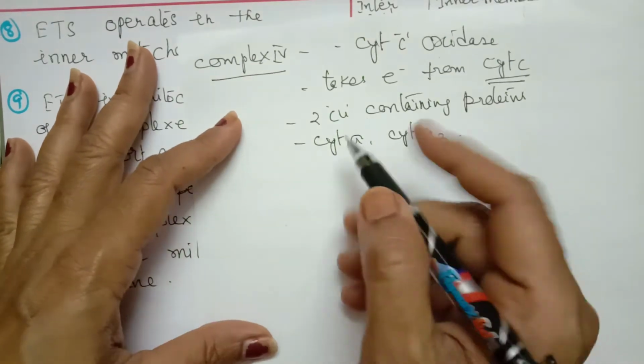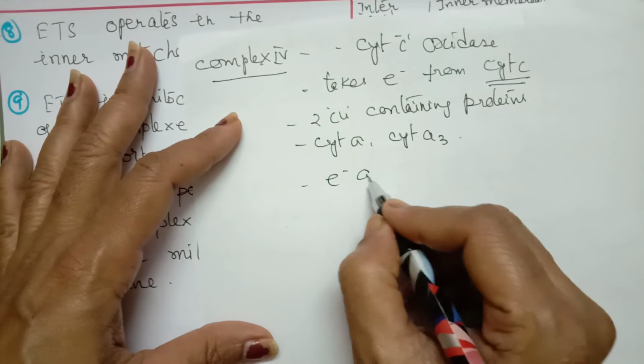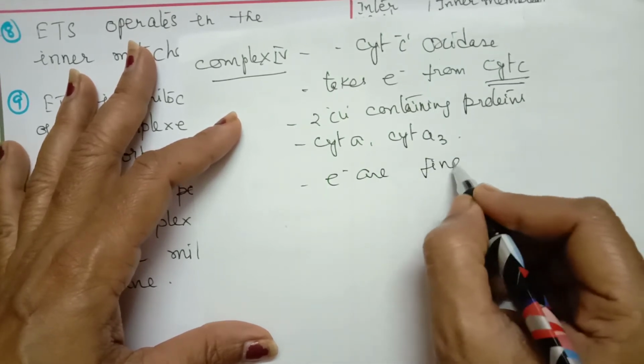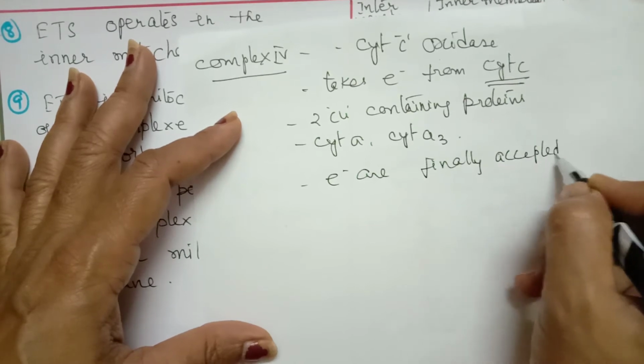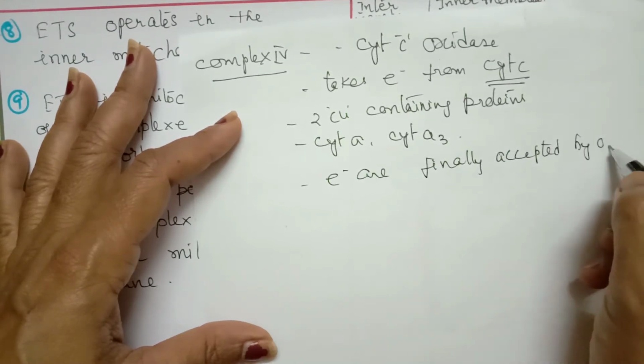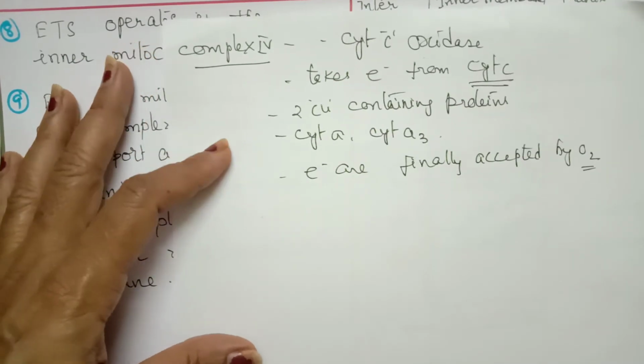Finally, from complex 4, the electrons are finally accepted by oxygen.